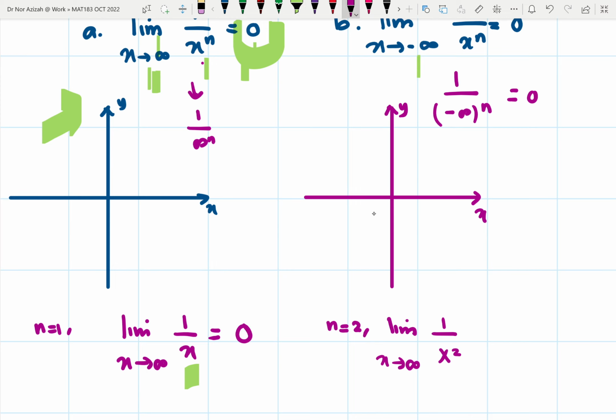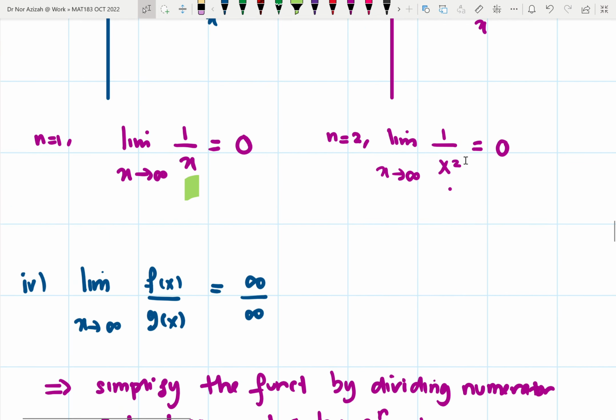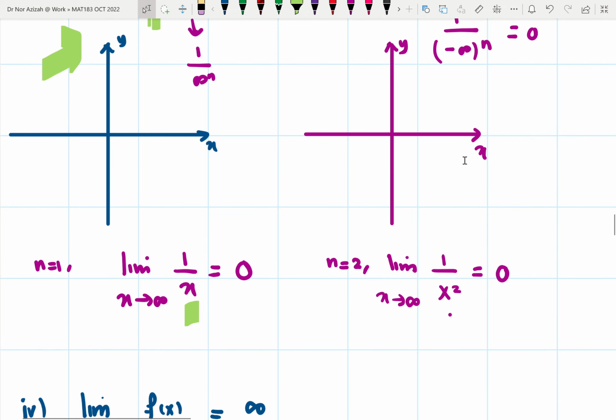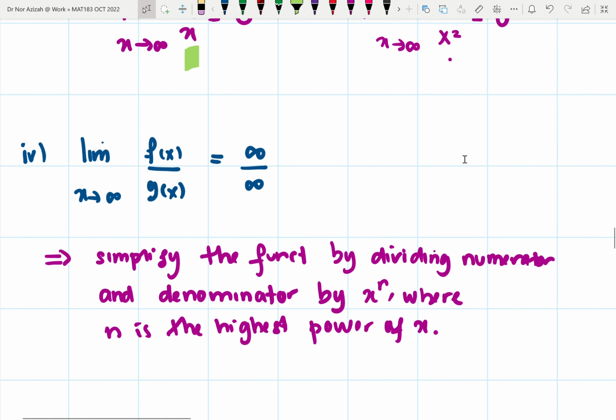This one is the same. The answer is 0. The limit of the function when x goes to infinity. Okay, substitute the value here, you will get the value 0. Okay, so there is also another example. Okay, so I stop here for this one, I add a bit here.